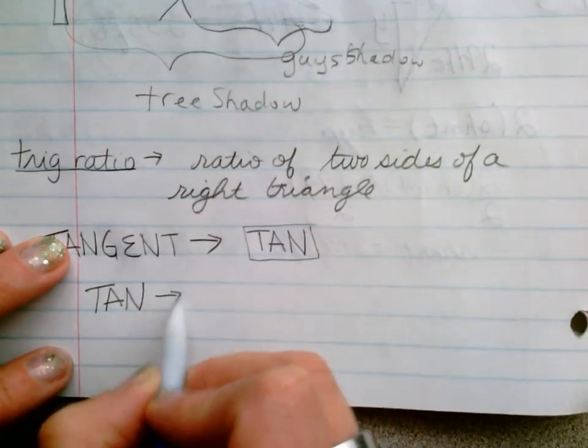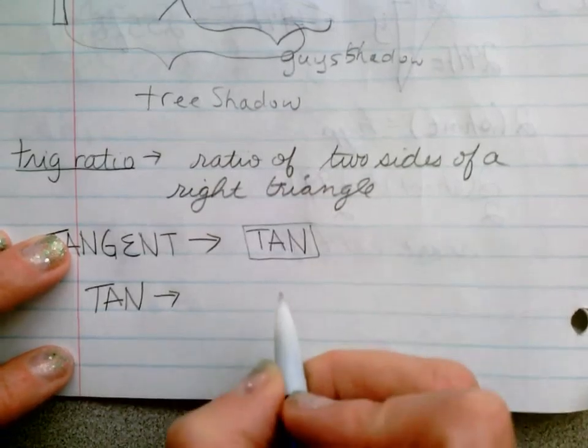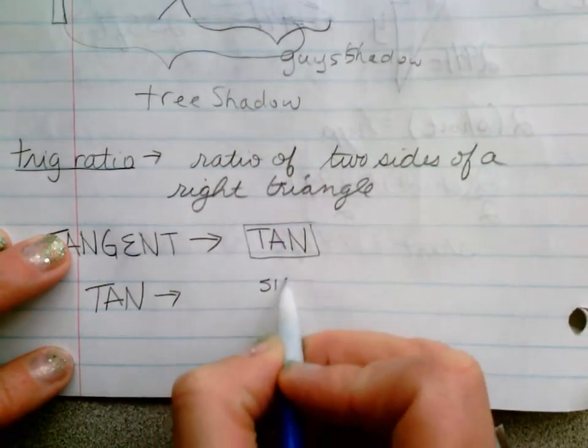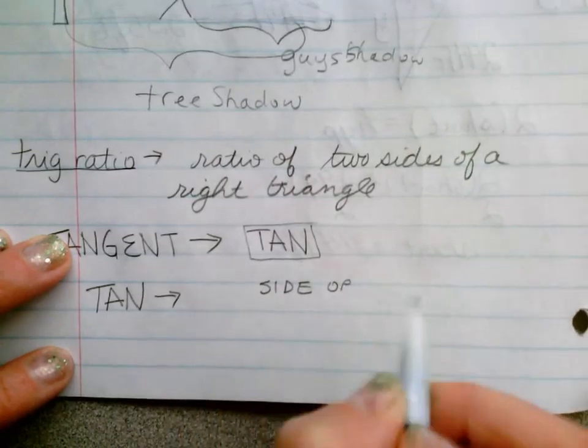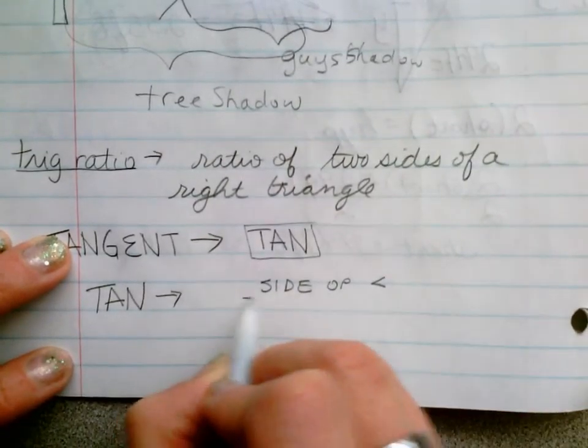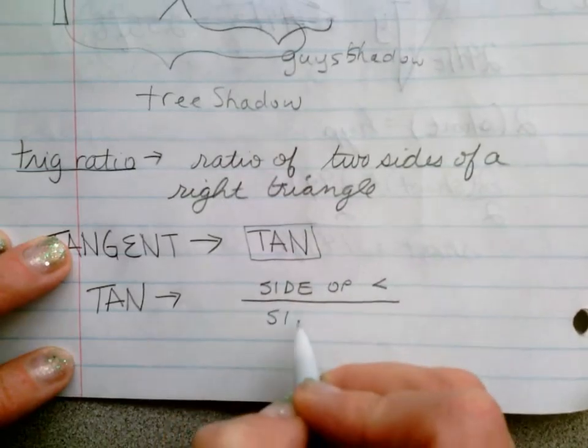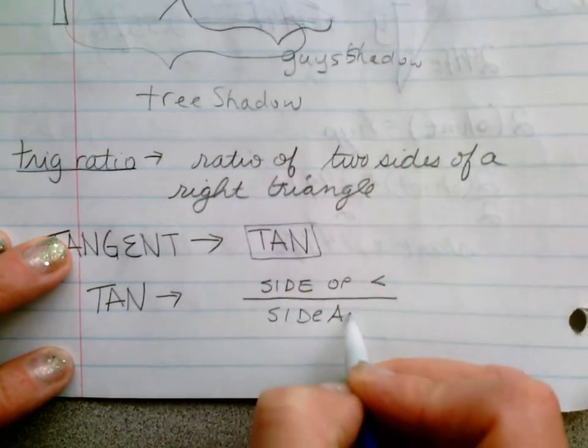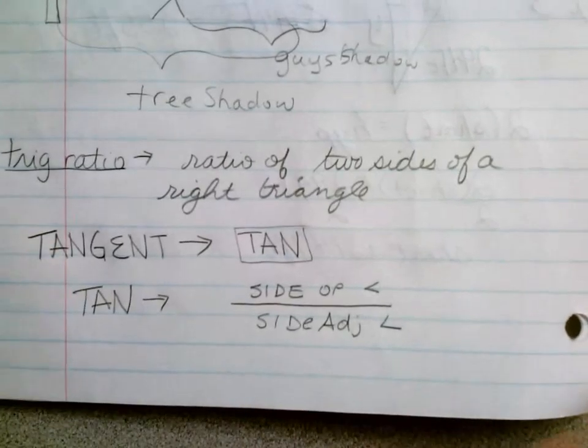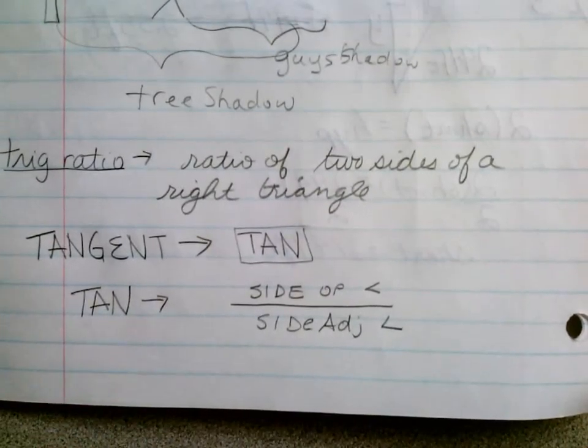In an acute triangle, it is the side opposite the angle over the side adjacent to the angle that we're talking about. Okay? It's the side opposite the angle over the side adjacent the angle. Let me show you how that works.